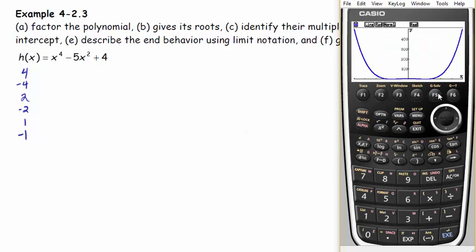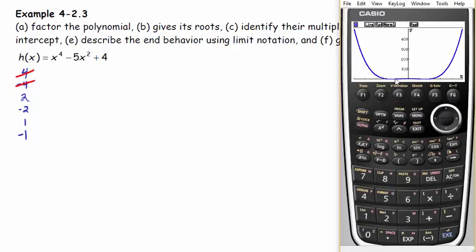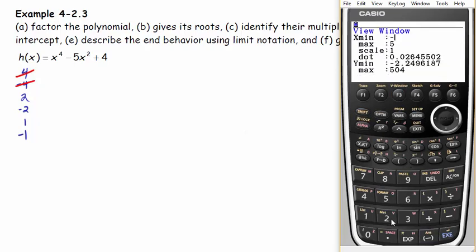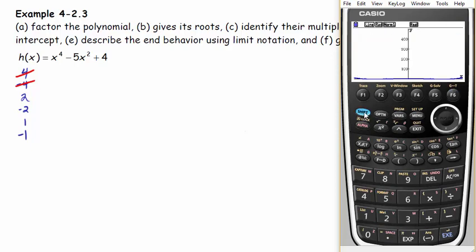Okay, so I think from this graph that we have here, we can eliminate 4 and -4. Alright, so if I want to come into possibly 2, let's go -2.5 to +2.5, and do a zoom auto. Alright, now it looks like I can see what's going on here.